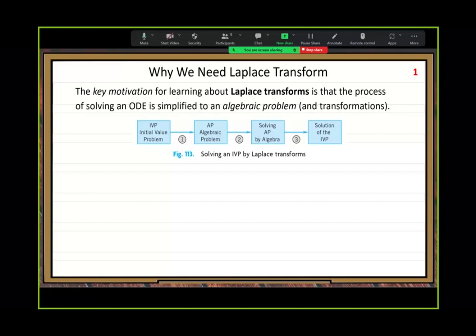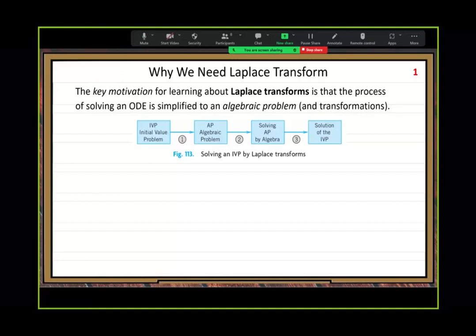We apply the Laplace transform, so we get an algebraic problem. We get some algebraic equation after the Laplace transform. Very smart, brilliant idea. All right. Then, because now we are in a different field, different domain, different environment.